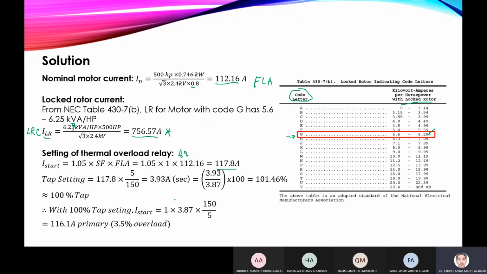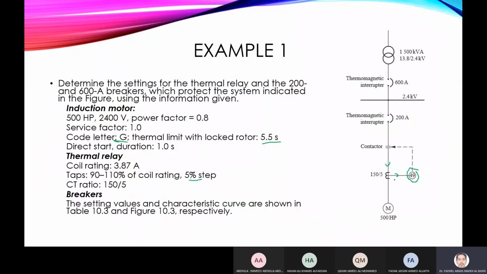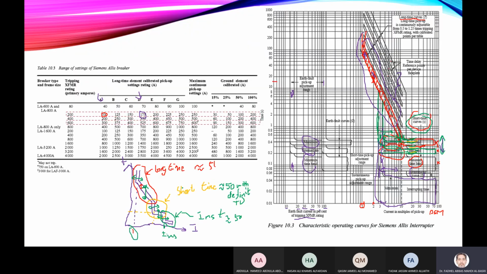This is an older technology. So what is the corresponding current at the secondary side? I multiply by 5 over 150, and I get 3.93 here. Now, with respect to the rated current of the thermal overload relay coil, this represents the percentage.